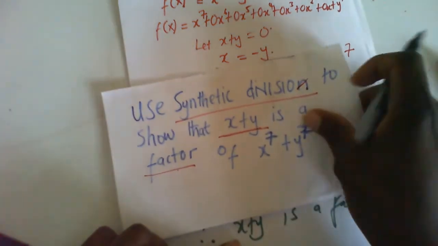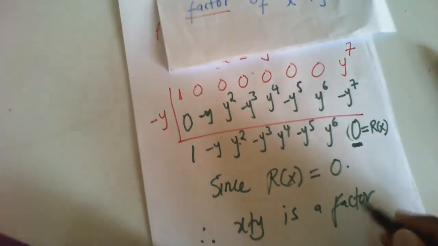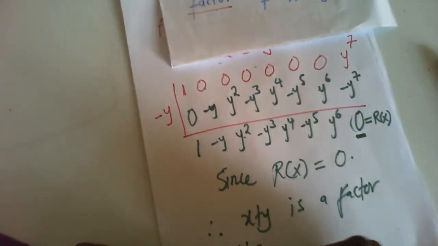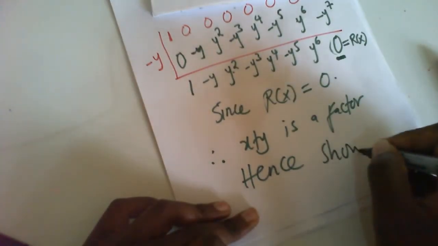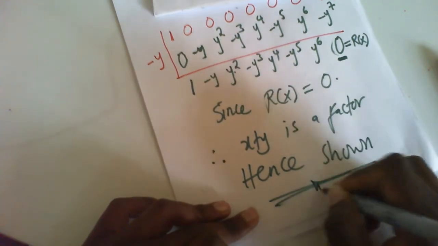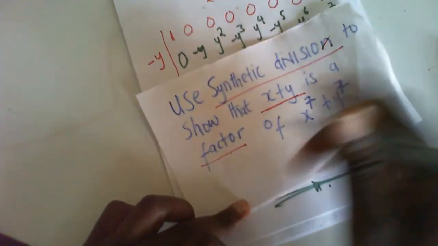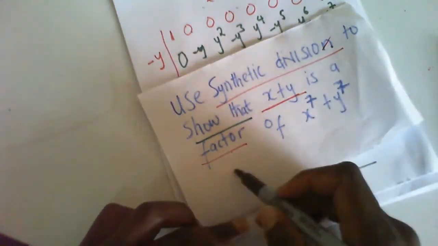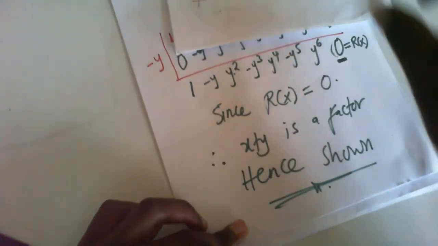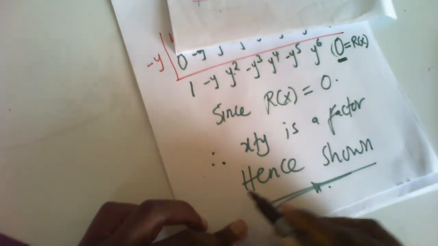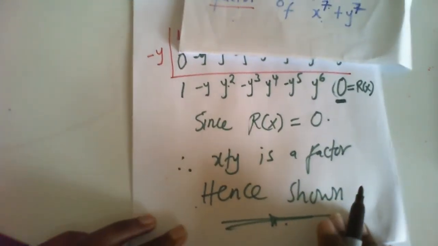Synthetic division. So therefore x plus y is a factor. Hence, we're going to conclude by saying hence shown. Since our question is saying show that x plus y is a factor of x raised to 7 plus y raised to 7, therefore, x plus y is a factor, hence shown. So this is our answer.